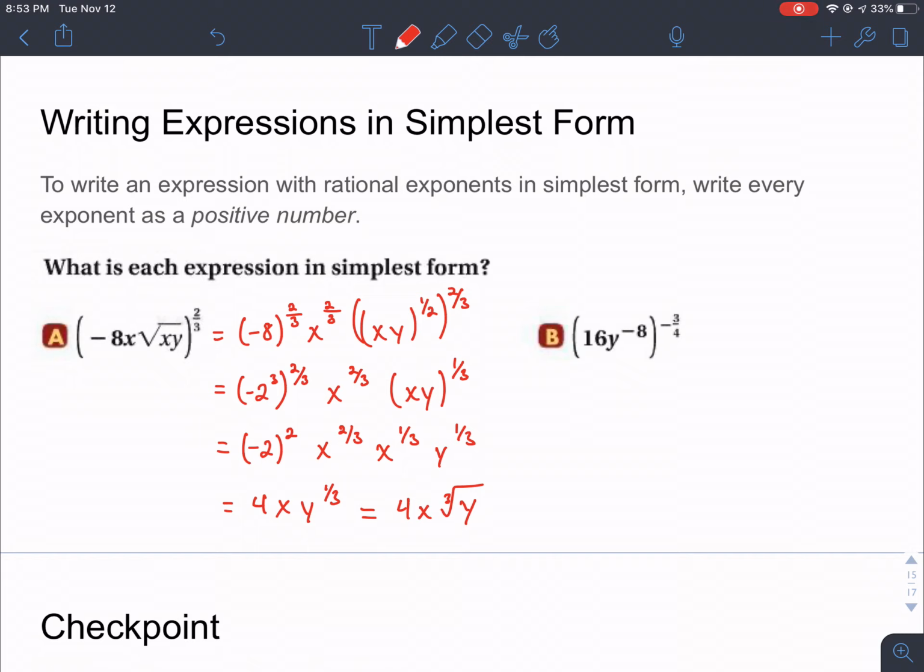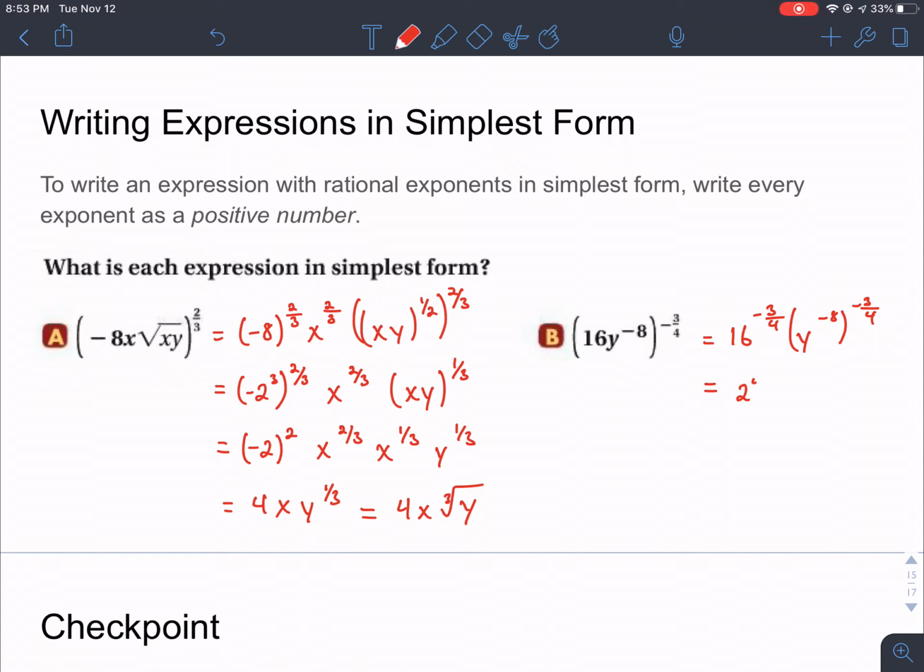For b, doing the same thing, we end up with 16 to the negative 3/4, y to the negative 8 to the negative 3/4. This can be rewritten. 16 is 2 to the 4th.